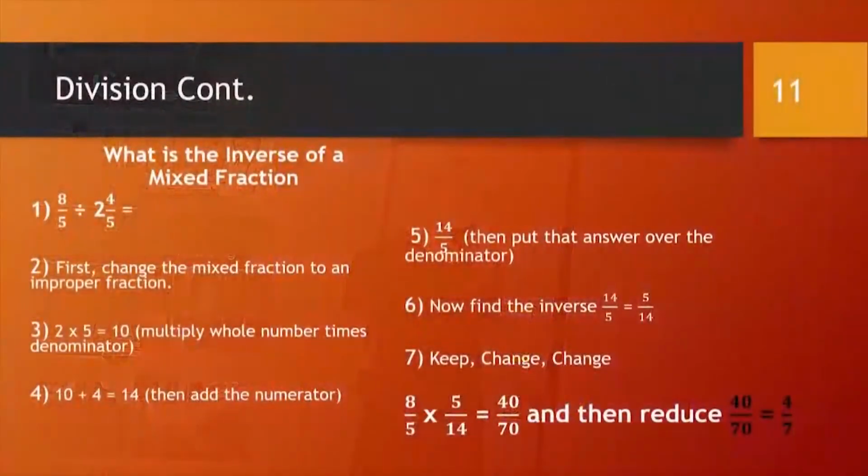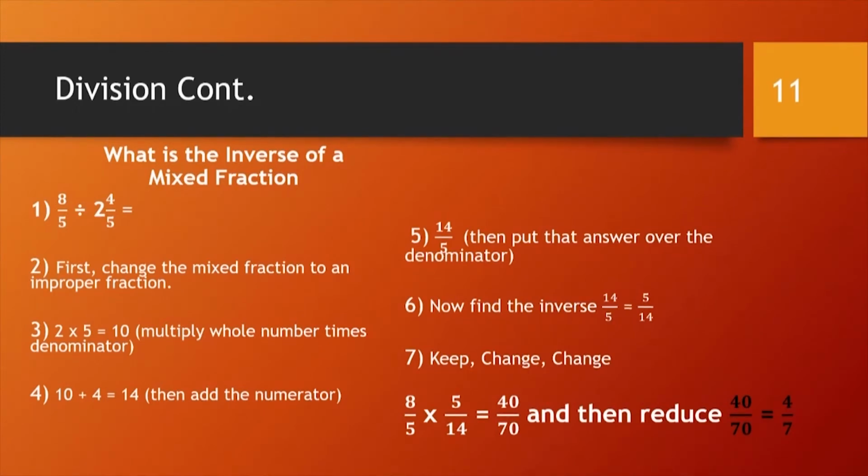The next section talks about division still, but now you have an extra step because you're dealing with mixed numbers. So again, this one just is a couple extra steps. So if you look at this slide, you'll see this first example, 8/5 divided by 2 4/5. So you have the first one's an improper fraction because you have 8/5.